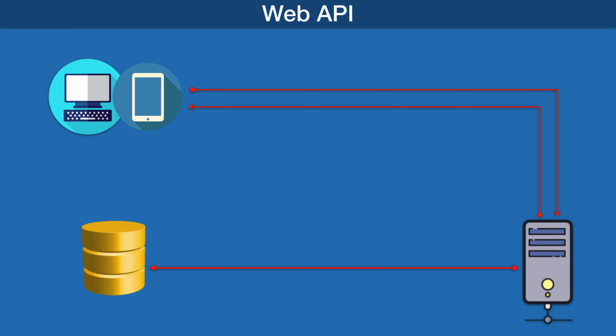And this is how you show all those tweets in your web app. This is the basic concept of a web API. All web applications and mobile apps require a backend server which runs the code and talks to the database to send and receive responses and store data in the database.